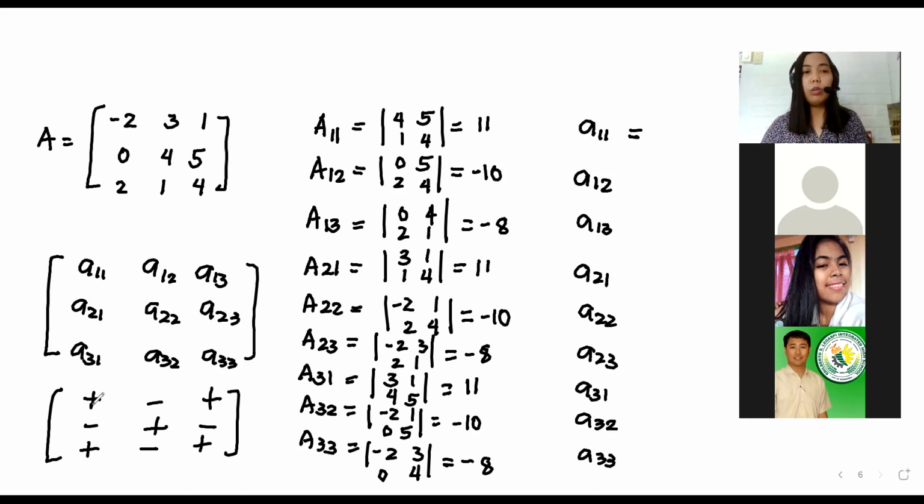It's positive. Or ito, positive times 11, 11. So alternate naman yan, positive, negative, positive, negative, positive, negative, positive, negative, positive. Basta pag ang sum class ay add times negative, pag even numbers, multiply it by positive.